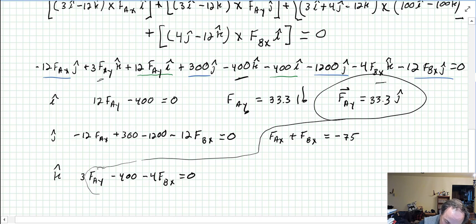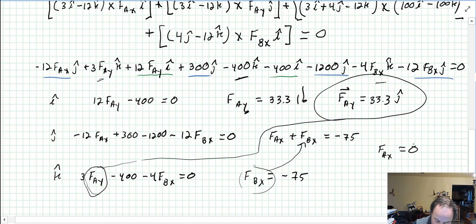So we can pop that in, and when you do, you get FBX equal to a negative 75. Now that we know this, we can put this in here, and lo and behold, FAX must equal 0. All right, so we've got those three forces. Very nice.